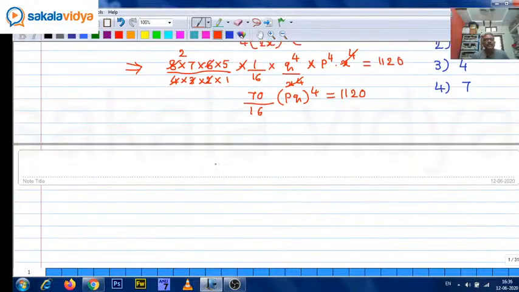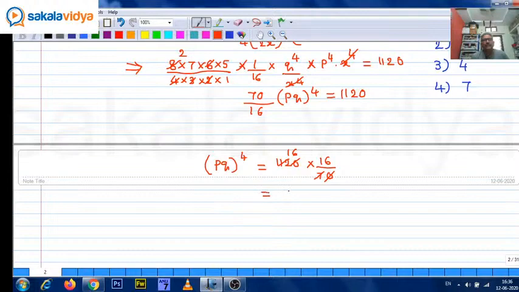So (pq) to the power of 4 equals 1120 multiplied by 16 by 70. Zero zero cancel. This is 7 sixteens. This will be 2 power 4, and 16 into 16 is 256, which you can write as 4 to the power of 4.